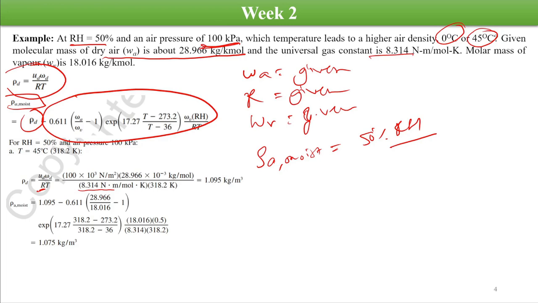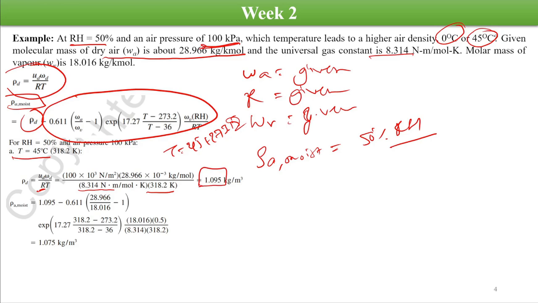First we are calculating for 45 degrees Celsius, so the temperature is 45 plus 273.15 or 273.2, which is 318.2 Kelvin. When we calculate this, the dry air density comes out to be 1.095.